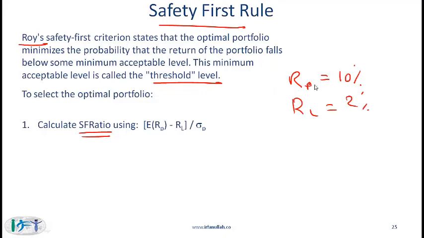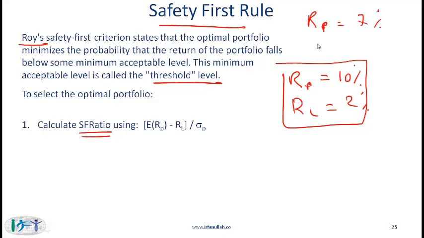2%. So if this is one portfolio and you have another portfolio where the expected return on portfolio 2 is say 7% and your threshold level is still 2%, but let's say that these two portfolios have a different standard deviation. Here the standard deviation is 5% and here the standard deviation is only 1%.